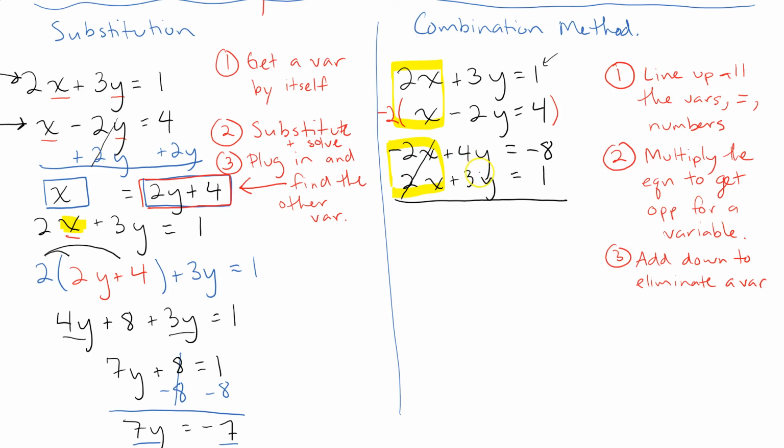Here I have 7y when we add 4y plus 3y, and on the other side, negative 8 plus 1 is negative 7. And now we can solve for y. Y is equal to negative 1, which is the same variable that we got from the last solution.